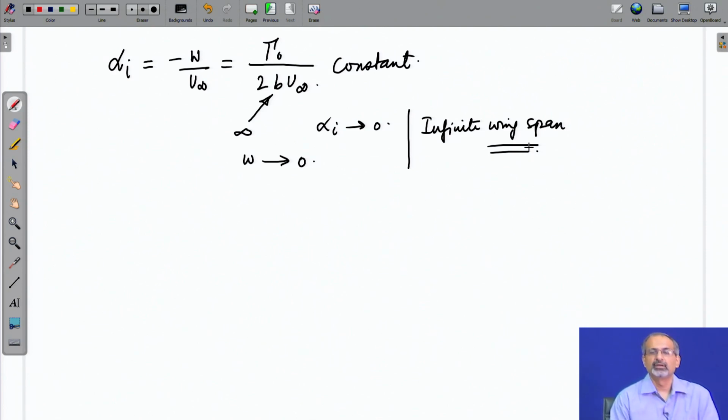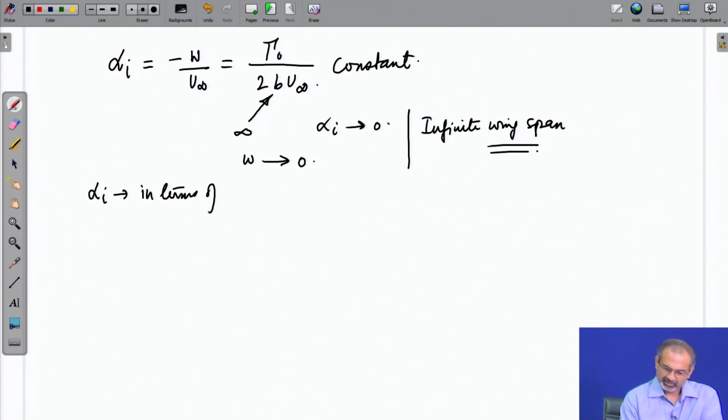We have to use configurations with finite span. Therefore, we have to make a compromise. Can we express alpha I in terms of the CL for the wing and the aspect ratio of the wing? Let us try to answer this question.